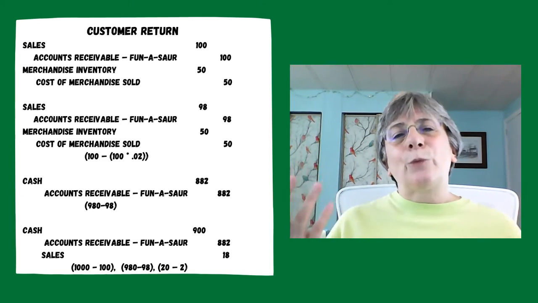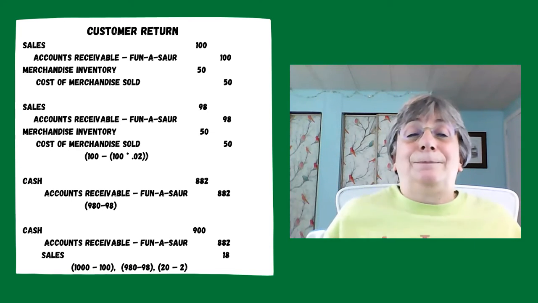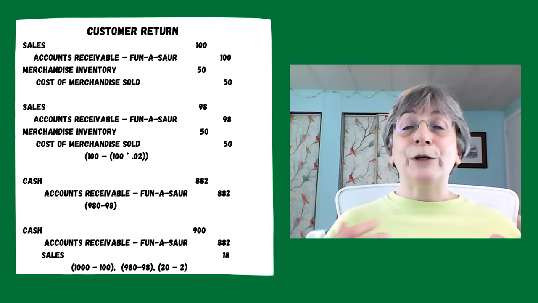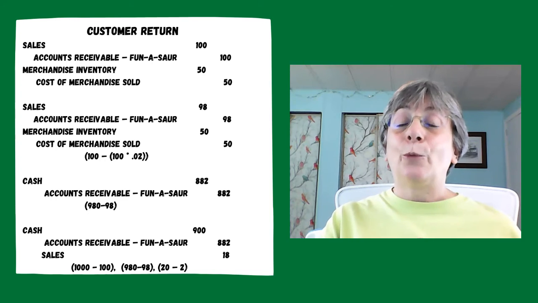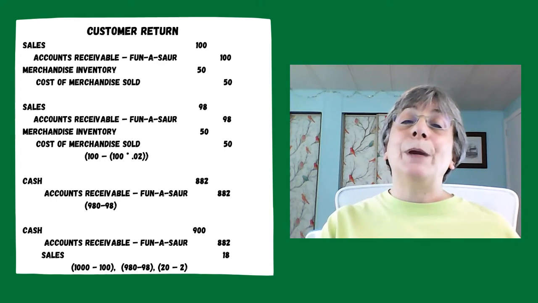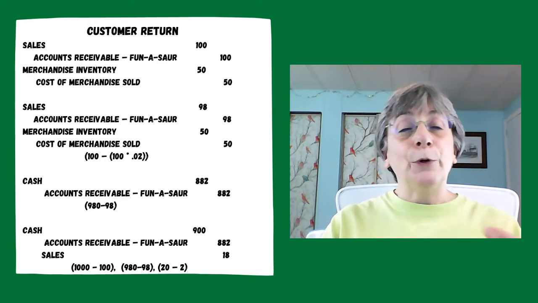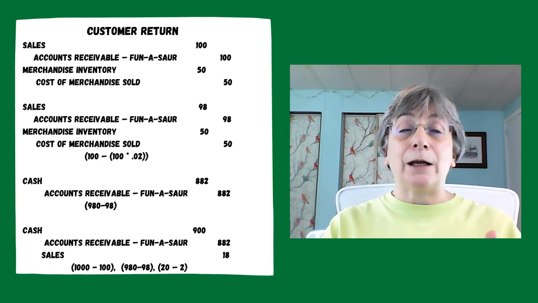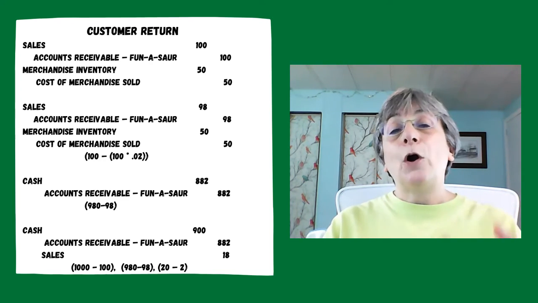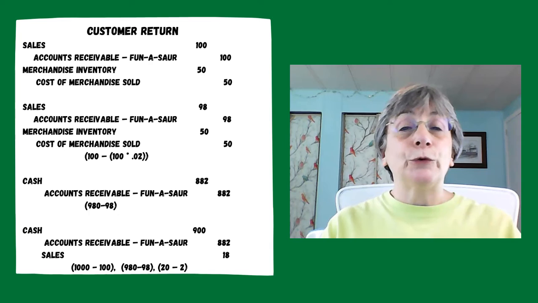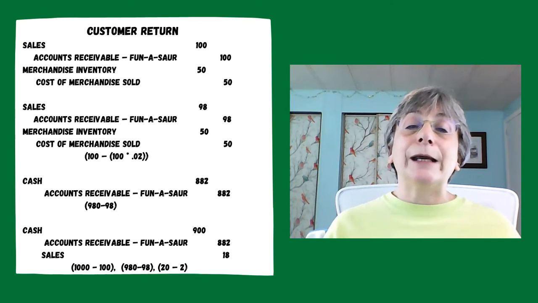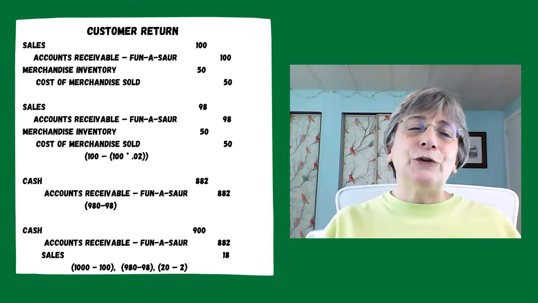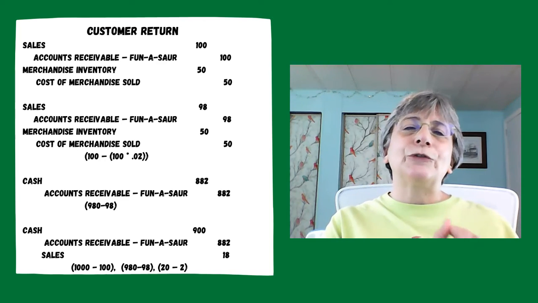But let's add a wrinkle to that. Why not? Let's say the customer returns $100 worth of merchandise before they pay their bill. We're going to assume that the merchandise is undamaged and it can go right back out on the shelf. The cost of that merchandise that was returned was $50. So let's look at that entry. So now what we need to do is reduce our sales.